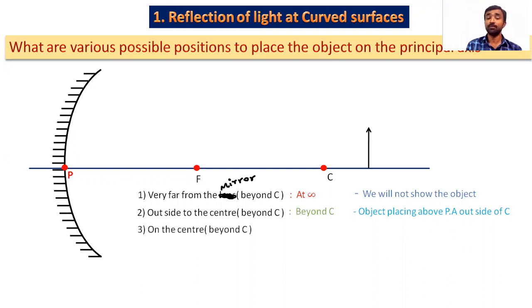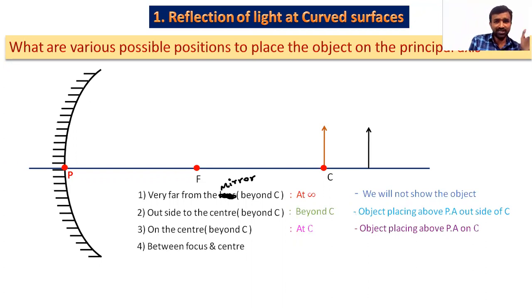Then the next one is bringing the object towards the center of curvature. That position is called at center of curvature or at C. So in this case, we'll show the object exactly on the center of curvature as you see here, right? Object placed exactly above the principal axis at center of curvature. Next position, just moving inside.